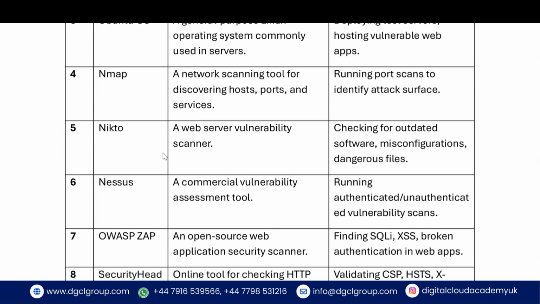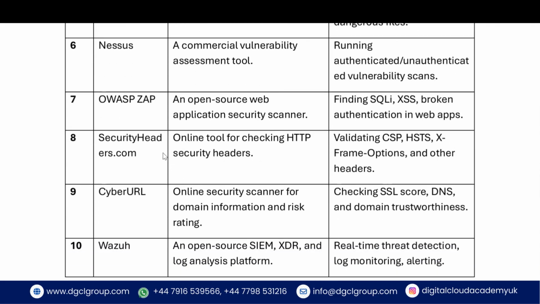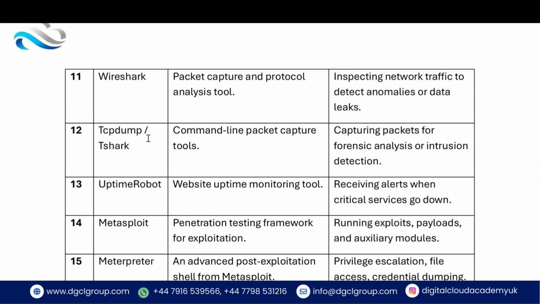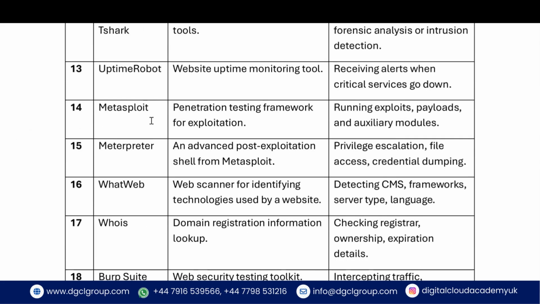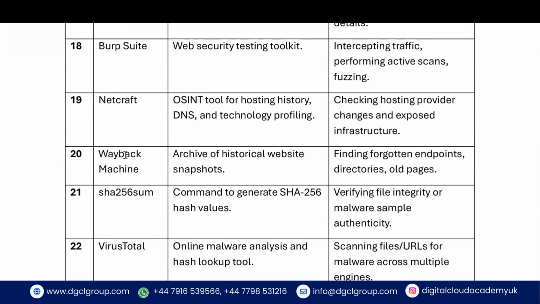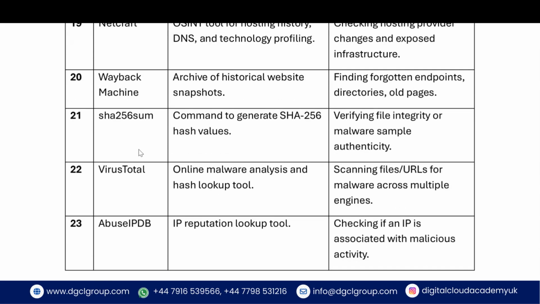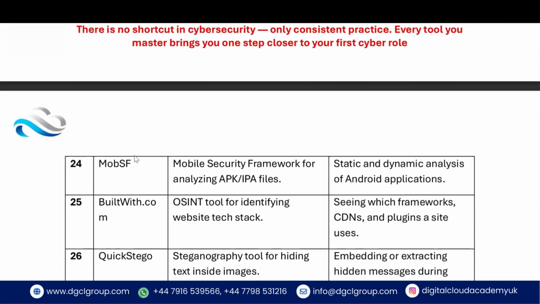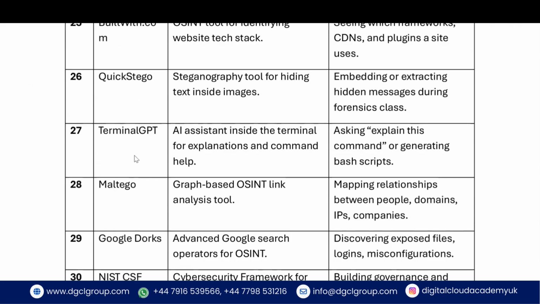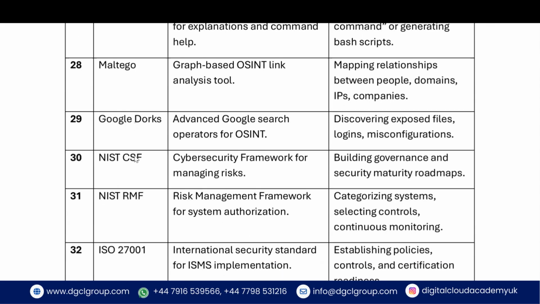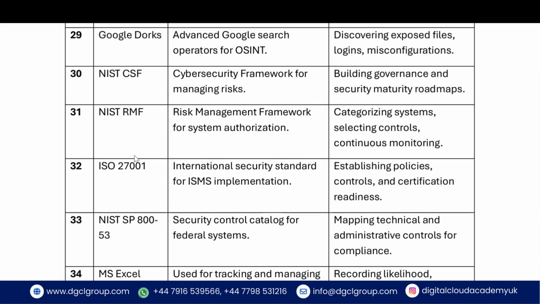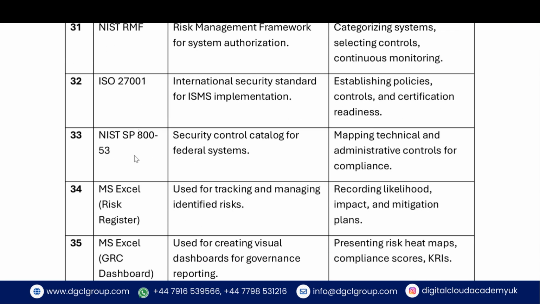Then Nmap, Nikto, Nessus, OWASP ZAP, security headers, CyberChef, Wireshark, tcpdump and TShark, Uptime Robot, Metasploit, Meterpreter, WhatWeb, OSINT, Netcraft, the Wayback Machine, SHA256 sum, VirusTotal, AbuseIPDB, MobSF, BuiltWith.com, QuickStego for steganography, Terminal GPT, Maltego, Google Docs, then the frameworks: NIST CSF, RMF, ISO 27001, and NIST Special Publication 800-53.